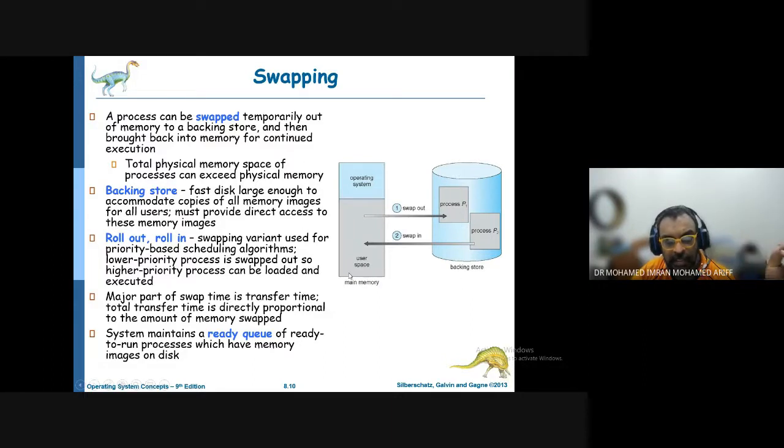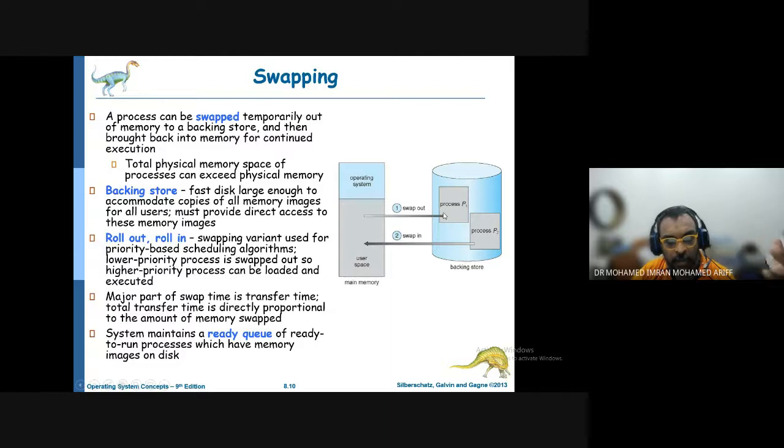Sometimes the files that are needed by the CPU are not inside the main memory. When that happens, the operating system will swap out the files which are not being used here and put them back inside the backing store, and swap in new files which are required by the CPU. So this is what we call the swapping process.